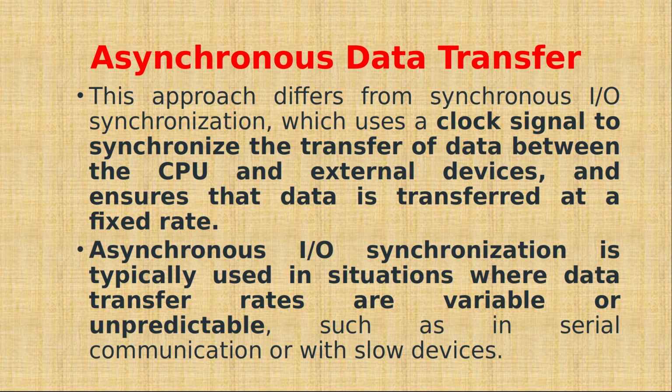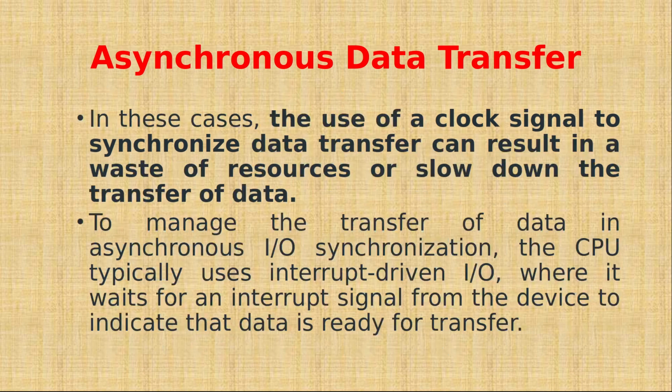But in asynchronous transfer, there is no fixed time interval, and the data transfer rate is unpredictable. In synchronous transfer, it is a predictable, fixed rate. This is the main difference between synchronous and asynchronous data transfer.